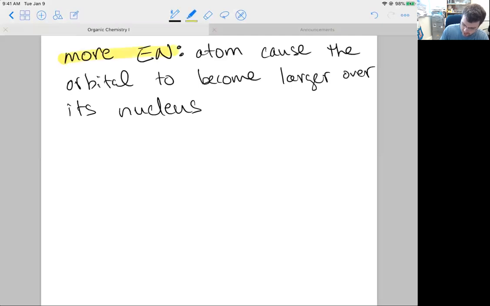So if an atom is more electronegative, it will cause the molecular orbital to become larger over its nucleus. And vice versa for less electronegative.